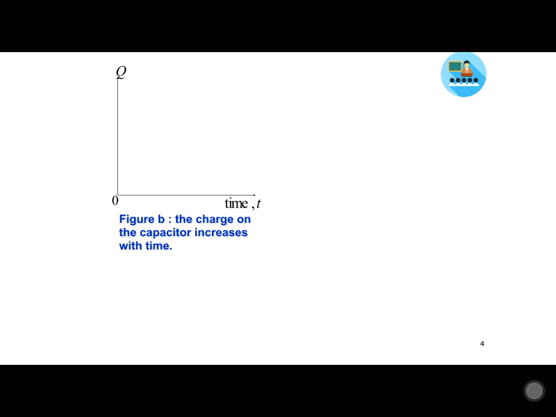So let's look at the graph that explains this. As we are charging the capacitor, for the QT graph, the charge on the capacitor will increase with time. So we can see here it is increasing exponentially, and it will reach one point of Q0 when our capacitor has reached a maximum potential difference, and the current will be zero.